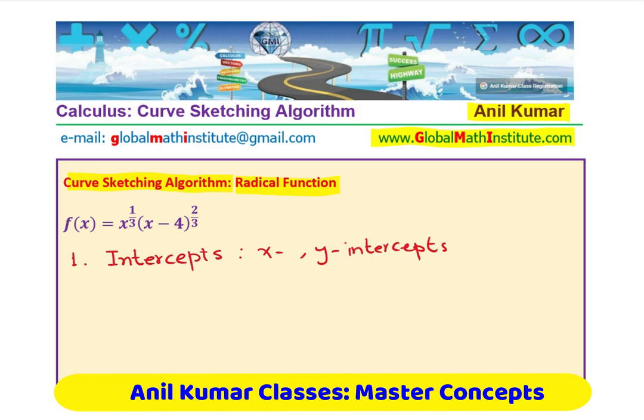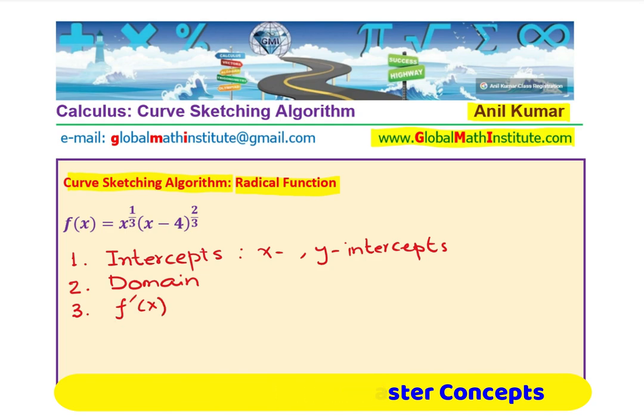Then you can look into the domain of the function. As far as this function is concerned, the domain is all real numbers. And once you have these basics, then we can analyze the first derivative. So we'll find the first derivative, and from the first derivative, we can find local maximum and minimum.